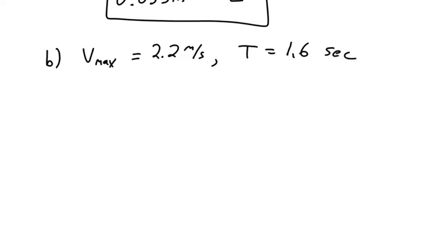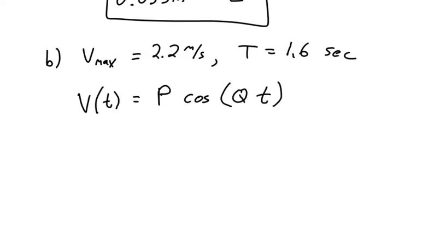So if I'm going to guess that this is a sinusoidal shape, or really we know it's a sinusoidal shape, here we said it's a cosine shape. Since we start with the maximum value, I can say that v as a function of time is going to be equal to some constant, and I'll just call it P, times the cosine of some other constant, I'll call it Q, times t.